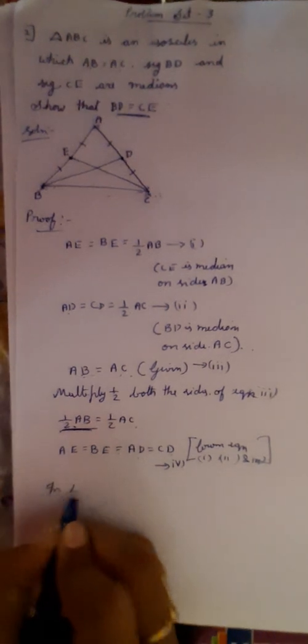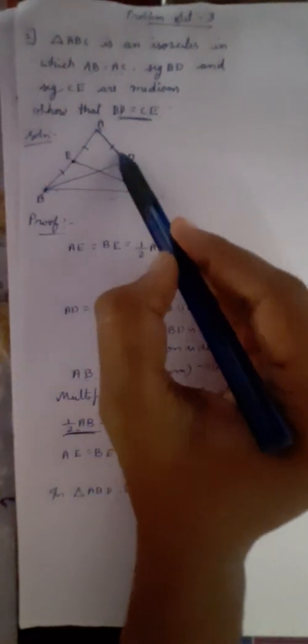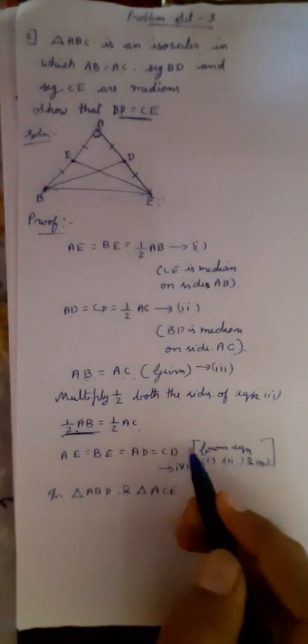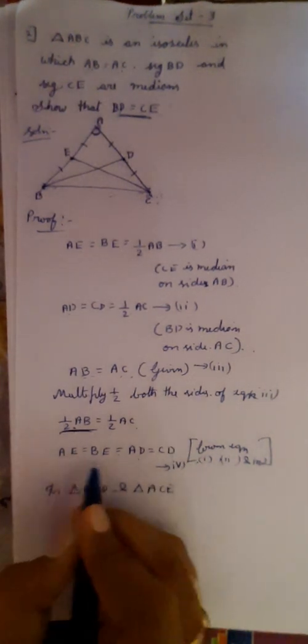Now in triangle ABD and triangle ACE, first triangle is this and second triangle is this. In these two triangles, angle A is common, is it? And side AB is equal to side AC given in the question. And already from equation 4, it is proved that side AD equal to AE.